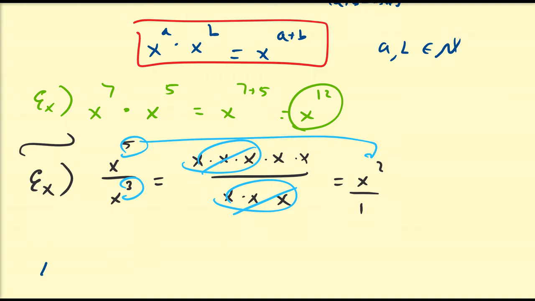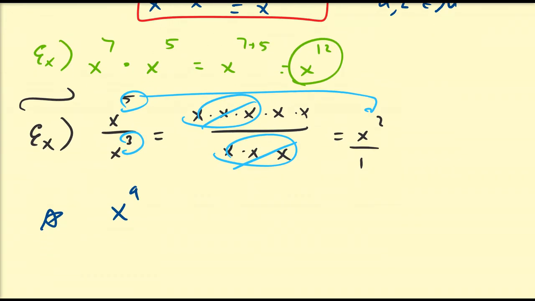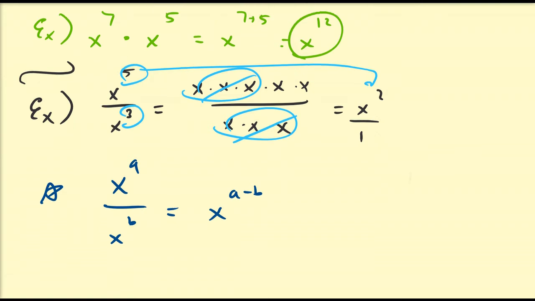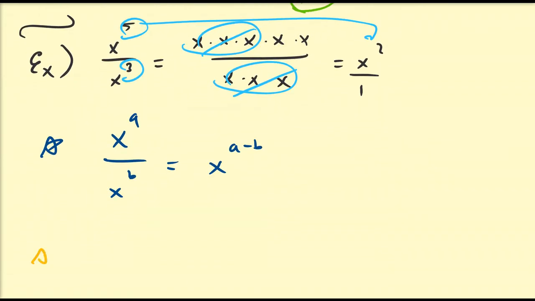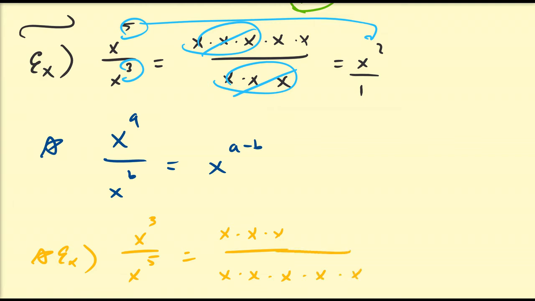So one may be able to justify or claim that x to the a divided by x to the b is going to be equal to x to the a minus b. Now let us assume we have something interesting here. So as an example, suppose we have x cubed divided by x to the 5th, where it's sort of reversed. So as we see, we have x times x times x on top, we have x times x times x times x times x on bottom.